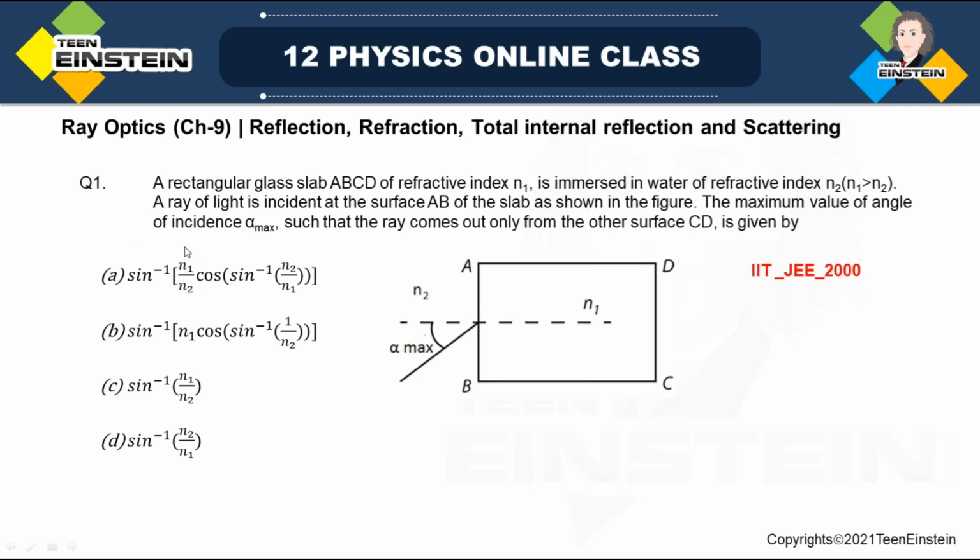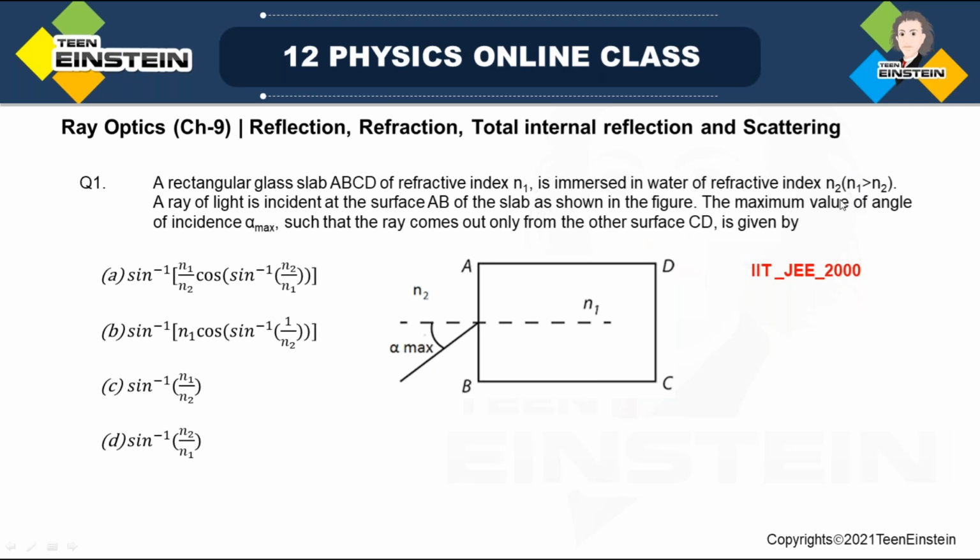So the first question you can see here: a rectangular glass slab ABCD of refractive index N1 is immersed in water of refractive index N2, where the refractive index of the glass is greater.